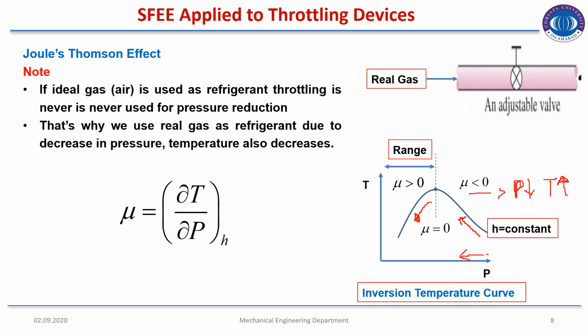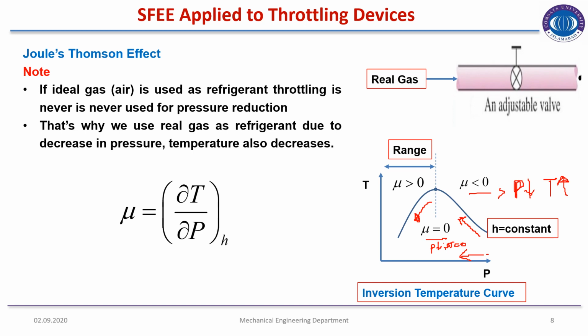The slope is negative. At mu equal to 0, when we are decreasing or increasing the pressure, the temperature will remain constant, delta T is equal to 0, change in temperature is equal to 0.